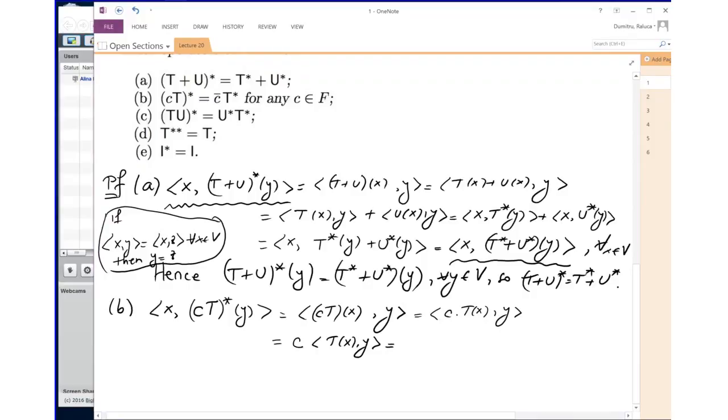Now move T back with a star in the second argument. And put c back into the second argument now, so it's going to go in there with a complex conjugate.